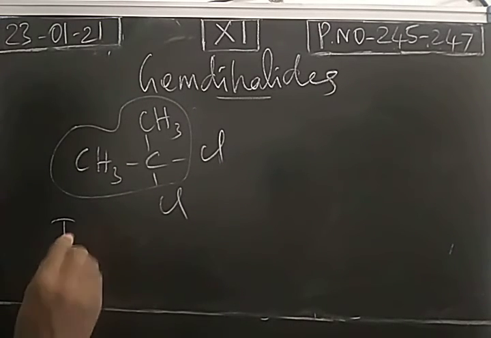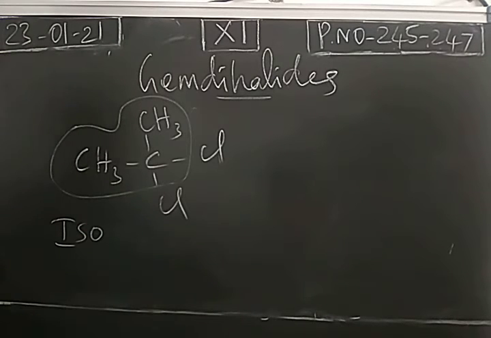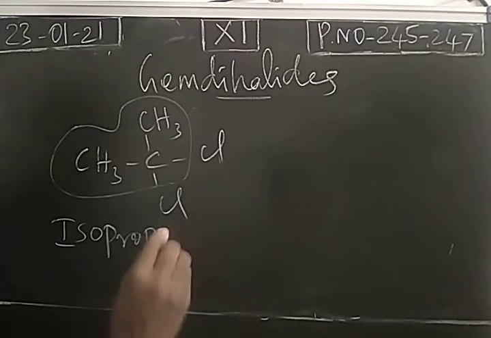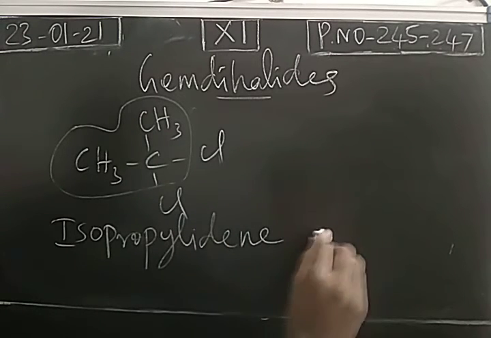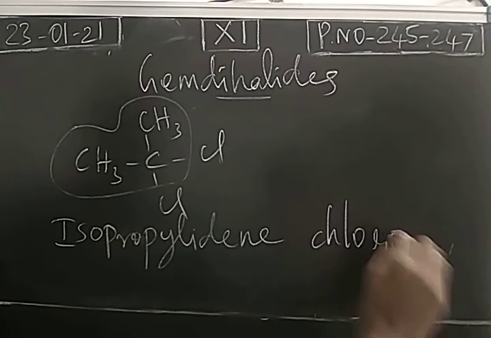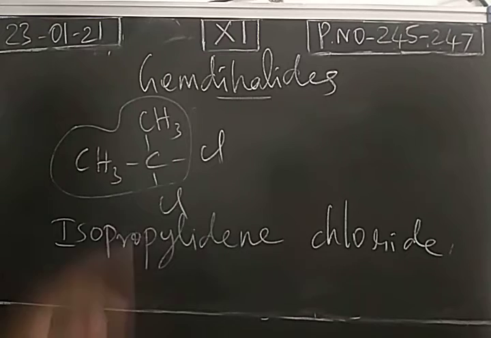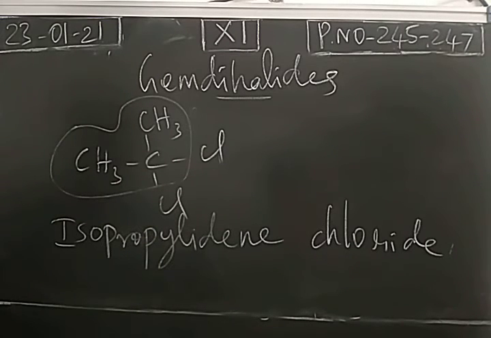So the common name can be written as isopropylidene chloride. The head carbon is bonded with two halogen atoms. It is an example of gem dihalide. This is the isopropyl group. So the common name can be written as isopropylidene chloride or else isopropylidene dichloride.